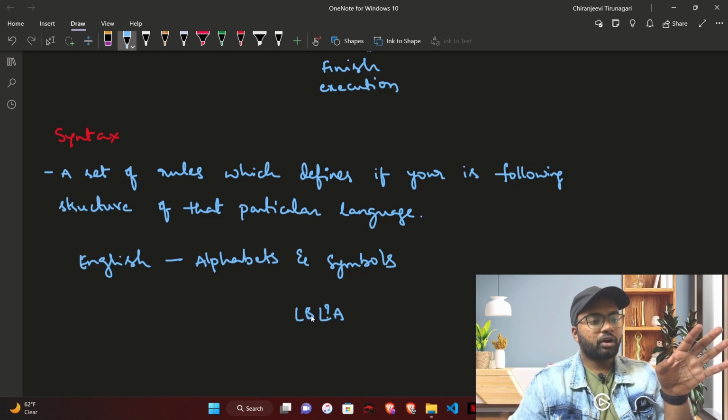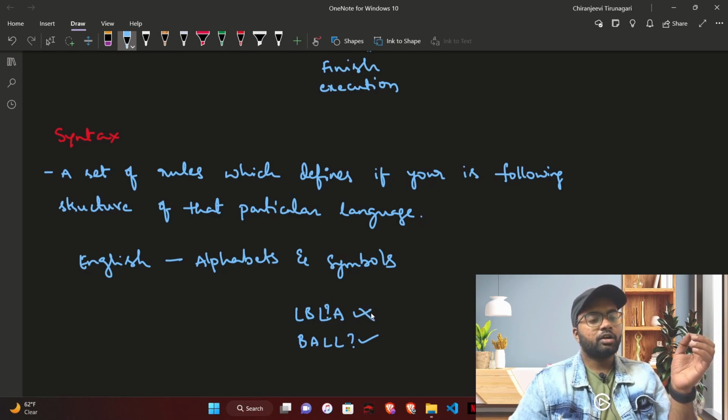Although these alphabets are part of English, and the question mark is also part of English symbols, if we combine them like this, it doesn't make any sense. If we rearrange them, B A L L question mark, this makes some sense. This is how English structure is defined. So this is something which is following the English syntax, and this is something which is not following English syntax. So this is nothing but what syntax is.